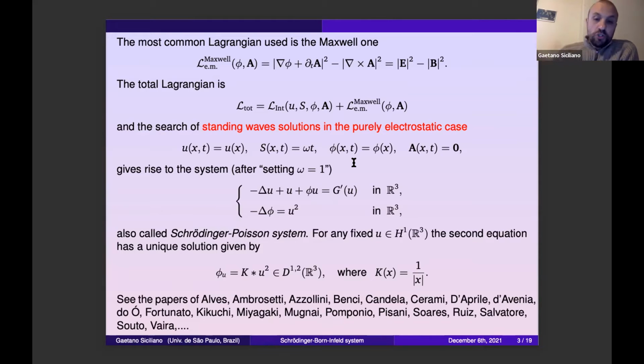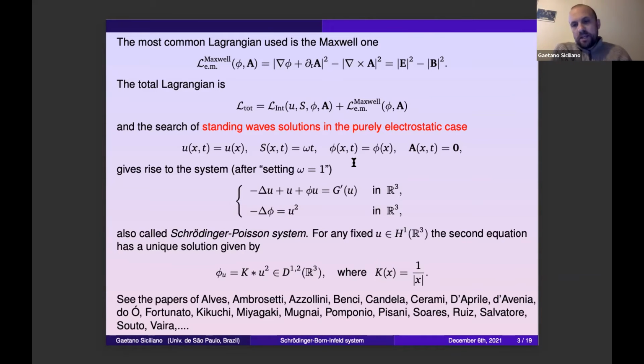For example, it is homogeneous, so you can make a lot of changes of variables when you make a rescaling in the variable, because the fundamental solution is homogeneous. So in some sense it is good to work with this equation.